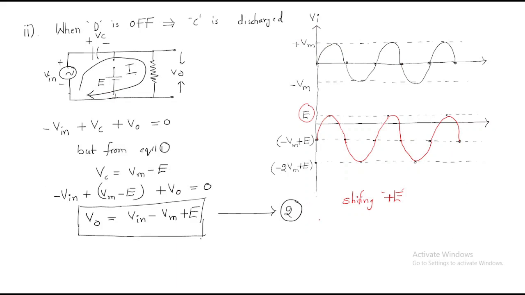For zero shift, the output voltage equals V input minus VM.